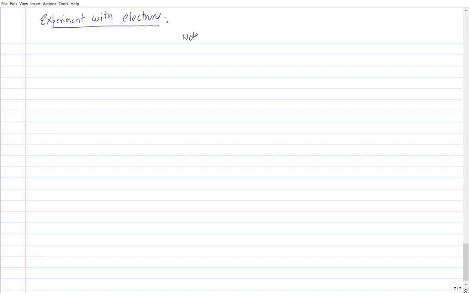Note, in this entire experiment, we will make sure that there is only one electron at a time in the whole experimental setup that hits the screen.